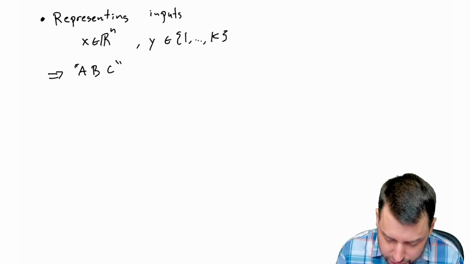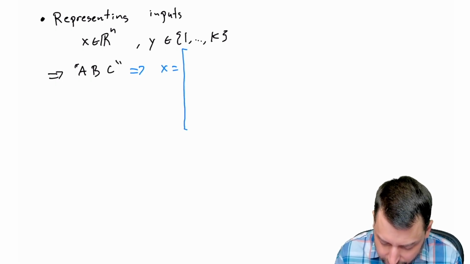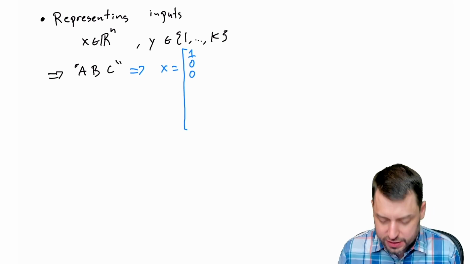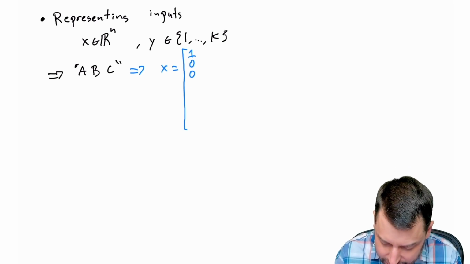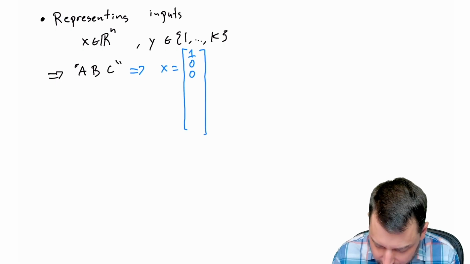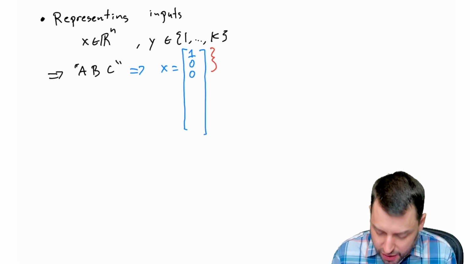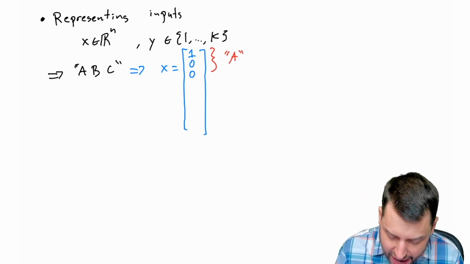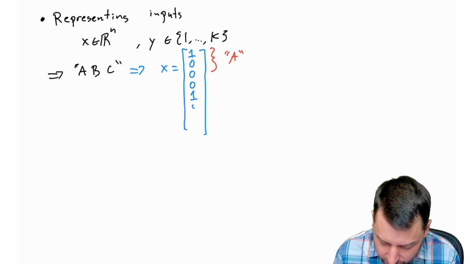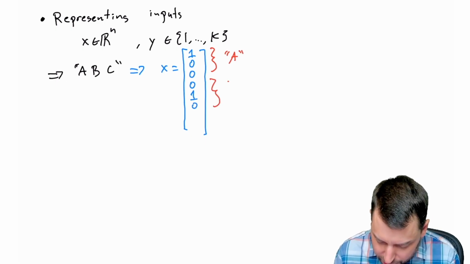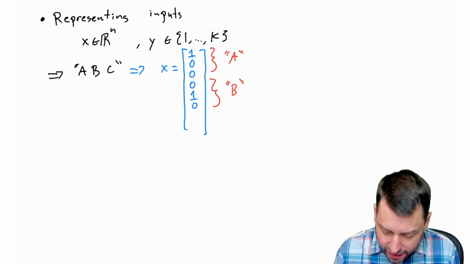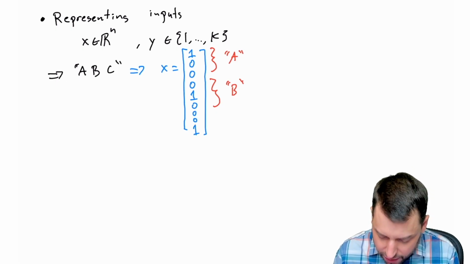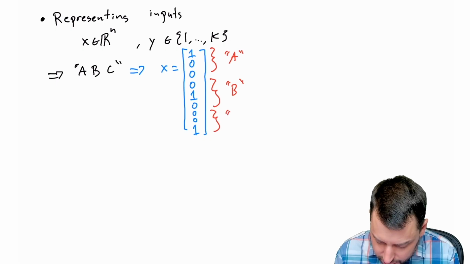So in this case, what we would do, and I'll write this in blue here because this is becoming more math, is represent x as the vector 1, 0, 0, because this part here represents the encoding of the letter A. It has a 1 in the first position. Then the next group of 3 would be 0, 1, 0. This element here would represent the word B. And then finally 0, 0, 1, and this grouping here would represent the word C.